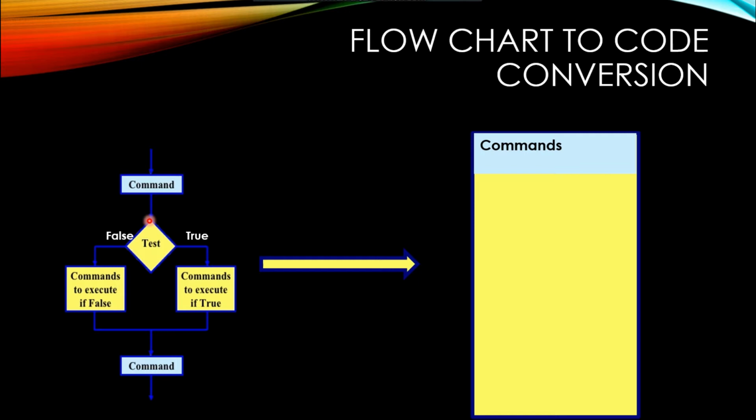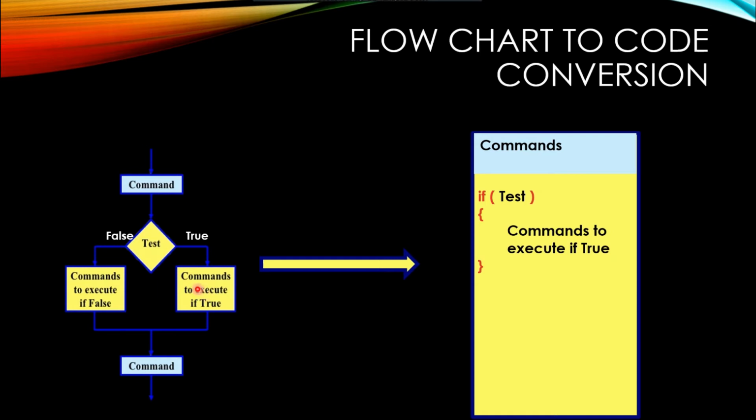In Java, we interpret the decision box as if. So if, then you put a condition in it. The condition here is the test case, so hereby we put a test case. Then in order to represent blocks of code, we use curly braces. We will open the curly braces, and if the condition is true, then we execute this block of code. Then we close the curly braces.